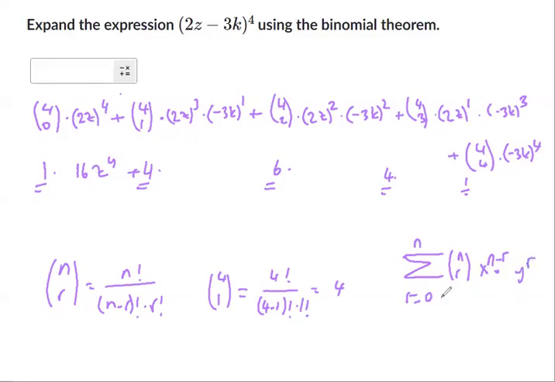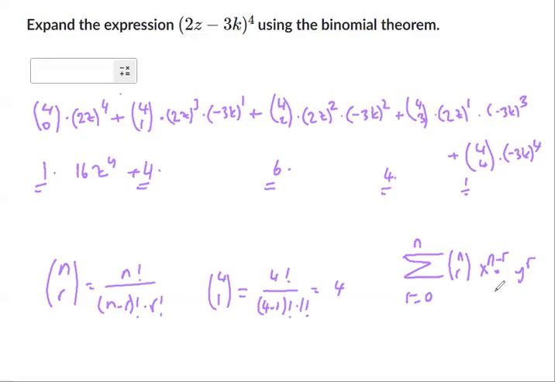So in this case, if you choose 0 for r, that will be n choose 0 and y to the 0th power, which gives us the first term. And if I choose 1 for r, I just replace that, and that will be the second term. This is called the binomial theorem. It's just the compact way of writing this entire thing.